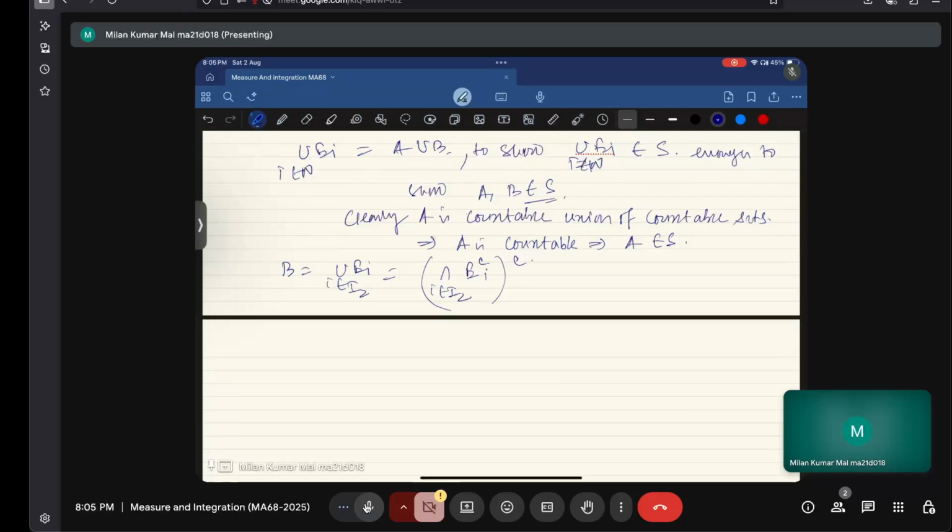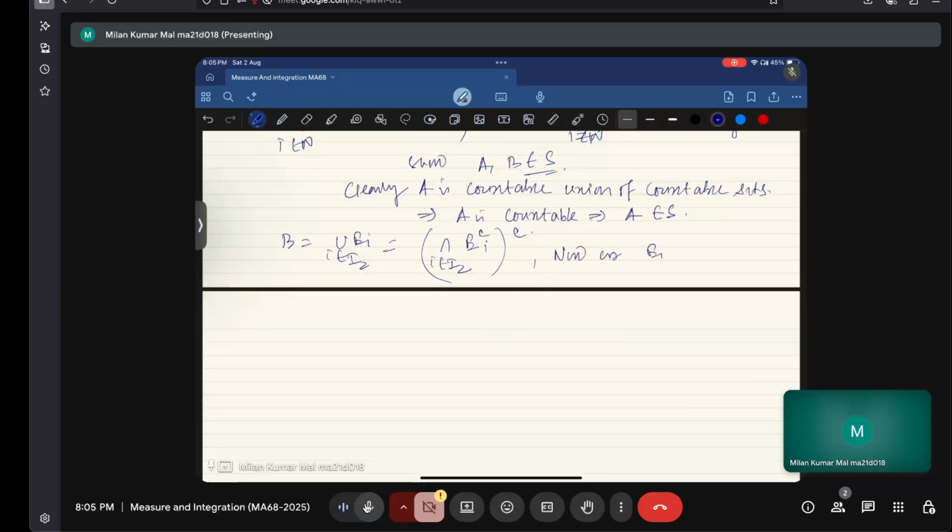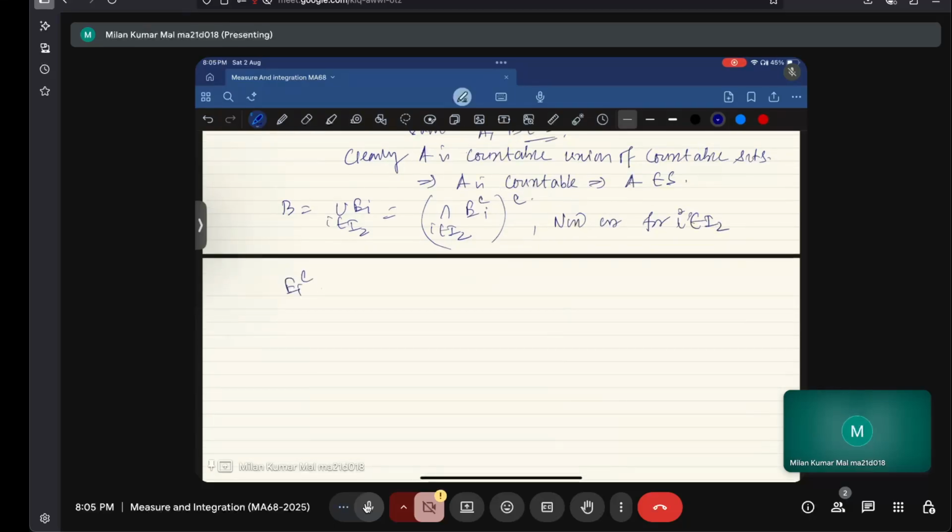Now, for i belonging to I2, the Ei complementary are countable, as for each i belonging to I2, Ei complementary is countable, and the intersection is again countable.